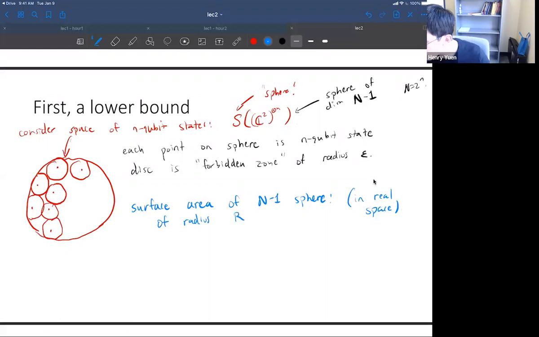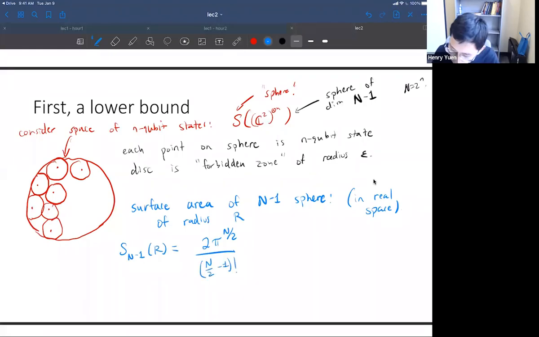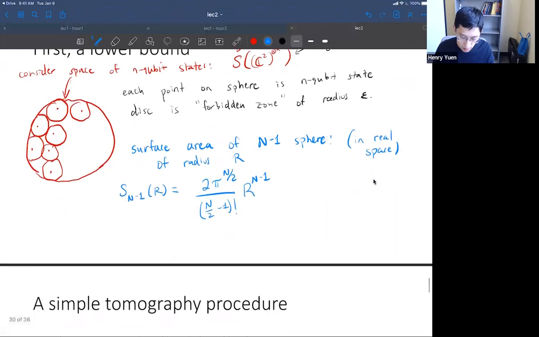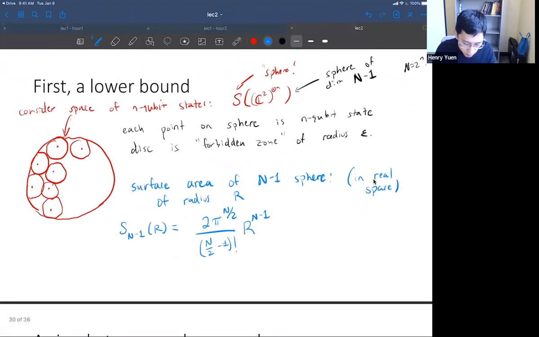S_{n-1} is equal to 2 times pi raised to the dimension over 2, divided by n over 2 minus 1 factorial, and then you have your radius raised to the power n minus 1. So this thing here is the sphere of radius 1.